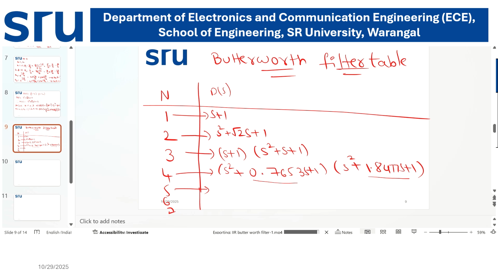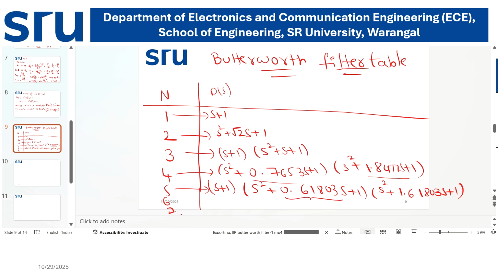Then if n is equal to 5, s plus 1 into s square plus 0.6180 s plus 1 into s square plus 1.61803 s plus 1. If it is 1, s plus 1; if it is 3, s plus 1 multiplied; if it is 5, s plus 1 multiplied; if it is 7, also s plus 1 multiplied.